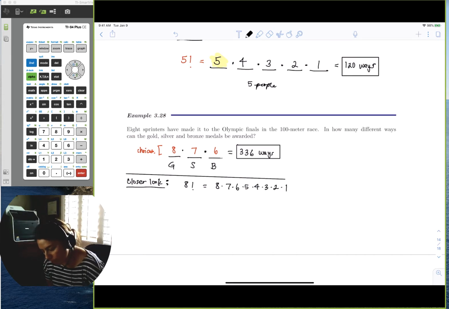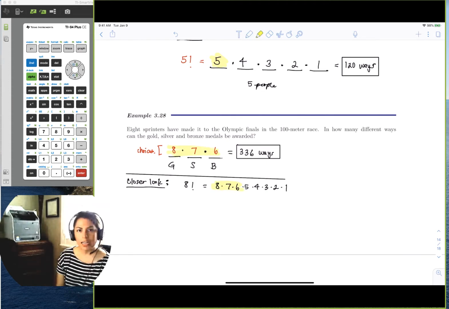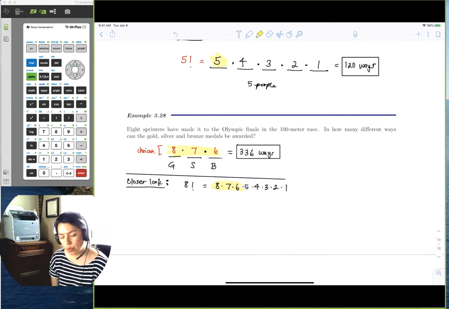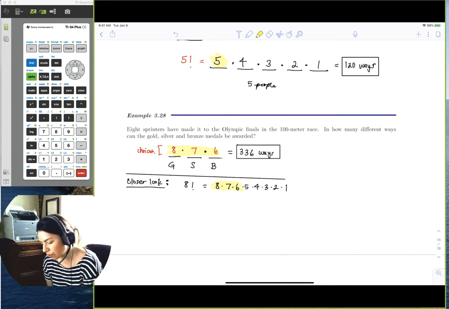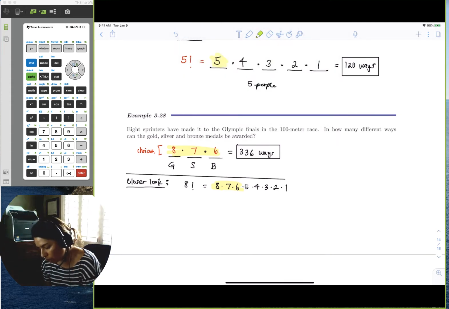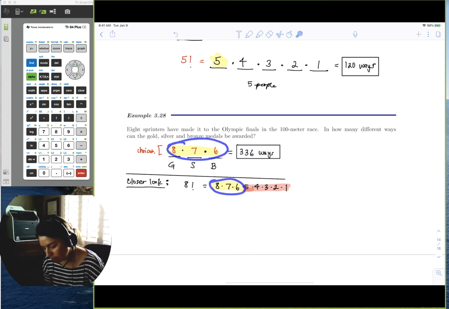And notice that I only had these 3 up here. How would I get that with 8 factorial? What would I have to do in order to reduce out all these factors, 5, 4, 3, 2, 1, so then I could get 8 times 7 times 6 up here, right?